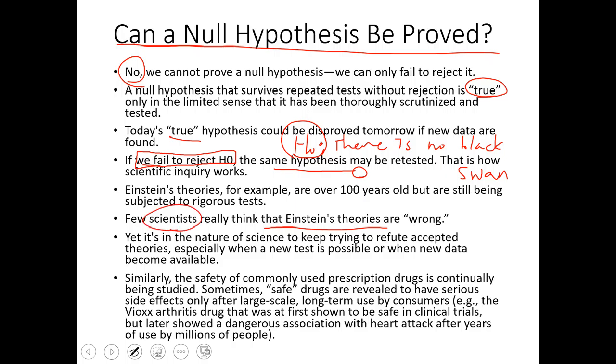Even Einstein's theory is not rejected until today, but many scientists still think that Einstein's theories are wrong. We don't have enough data to verify that Einstein's theories are wrong, so they are not rejected. Anyway, we are not finding truth.